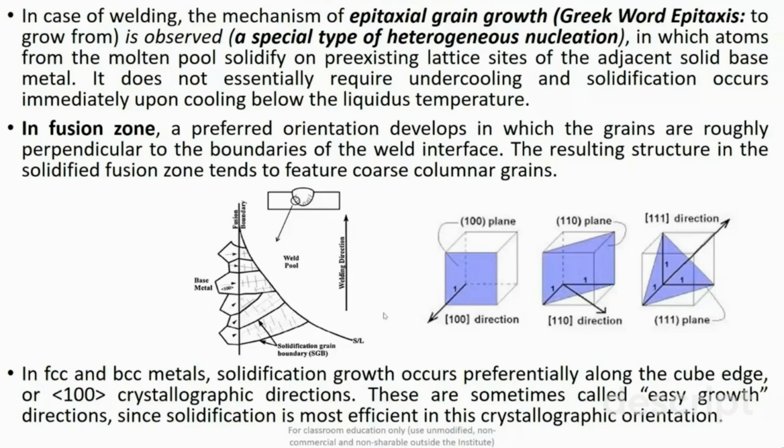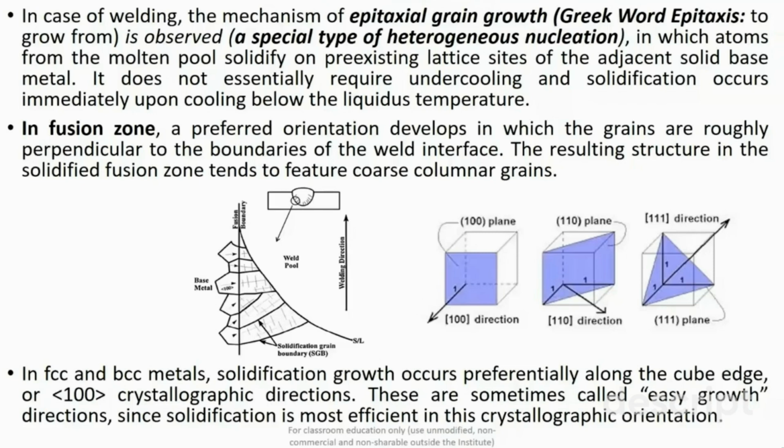And why these new grains are developing in this direction? Because as per the mechanics or the metallurgy, this particular direction is the easy growth direction, and it has been observed that solidification is most efficient in this particular crystallographic orientation. That has been reported as per the observations by the scientists who are the metallurgists.